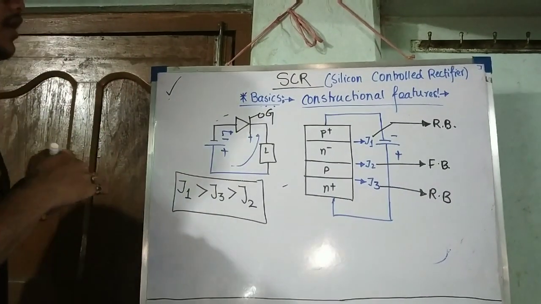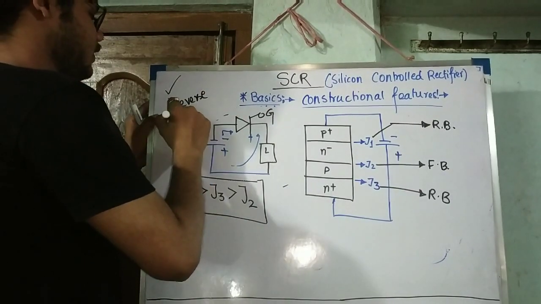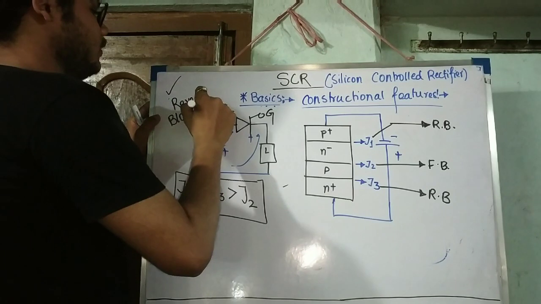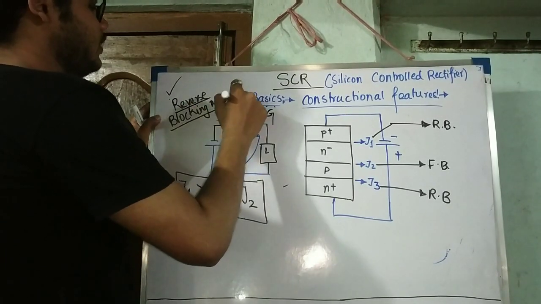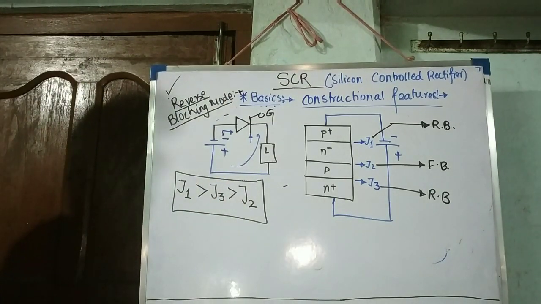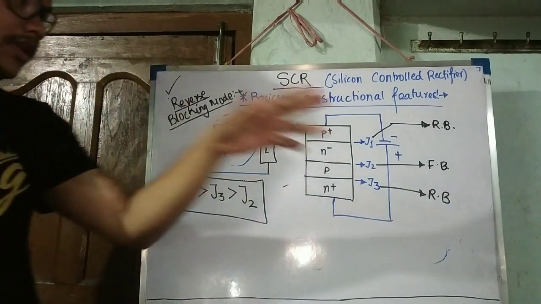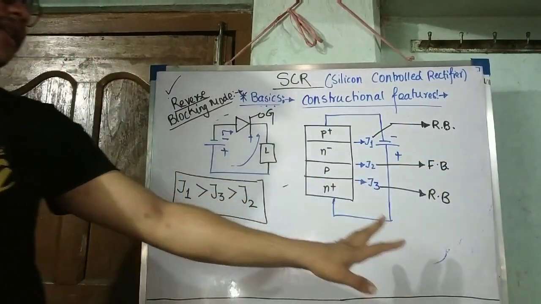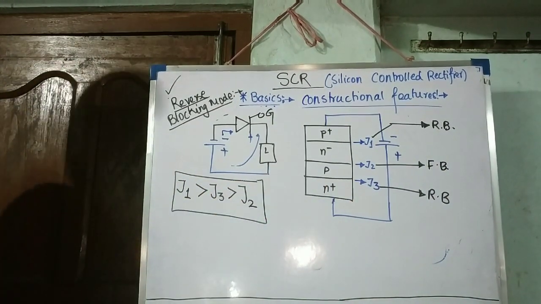Okay, remember this. This mode is called the reverse blocking mode. In reverse blocking mode, what is happening? We are applying the negative voltage across the SCR, and we are seeing that the SCR fails to conduct because two reverse bias junctions are there, and they are not allowing the reverse current to flow through the SCR.